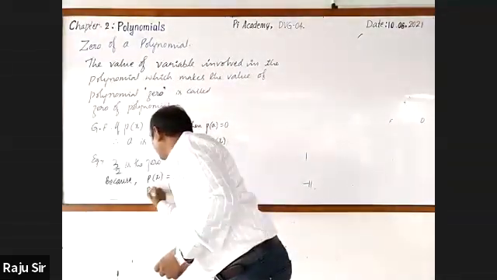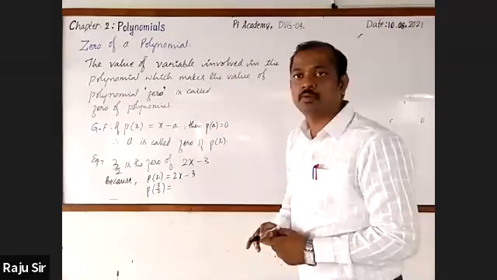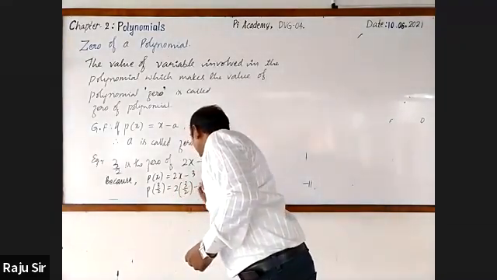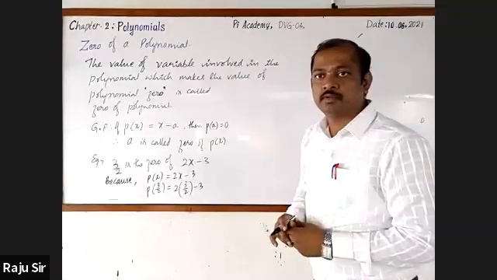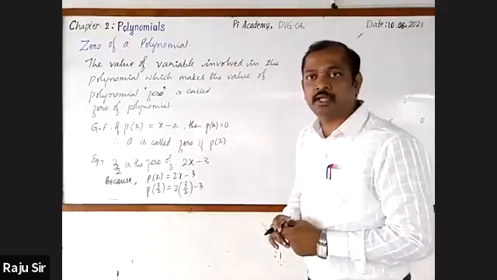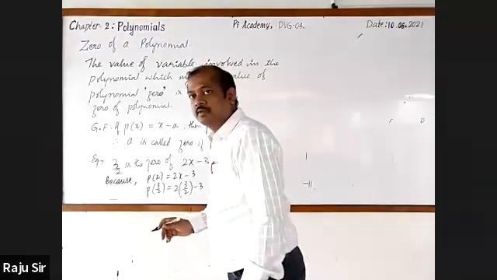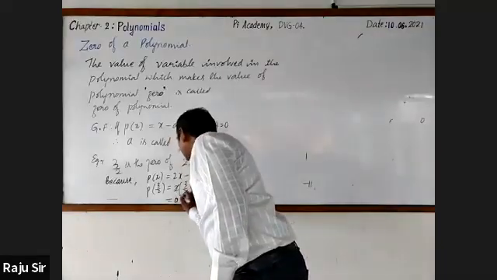Then P of 3 by 2 is equal to 2 into 3 by 2 minus 3. 2 and 2 get cancelled. 3 minus 3 is 0.